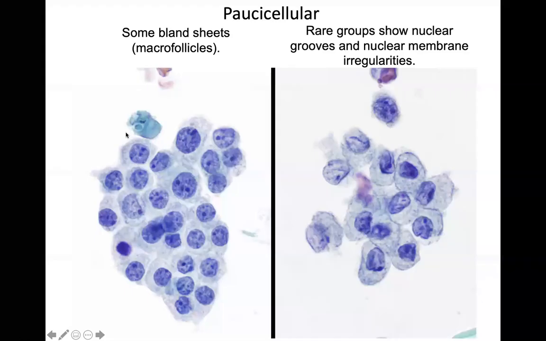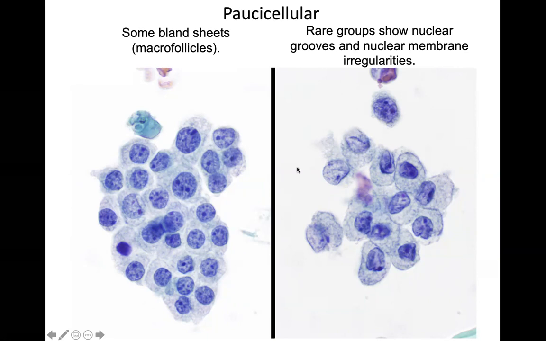All right. Next one. So relaunch poll number 1. This is an FNA that may have some sheets or macrofollicles in this kind of honeycomb appearance, with rare groups that show some nuclear membrane irregularities.